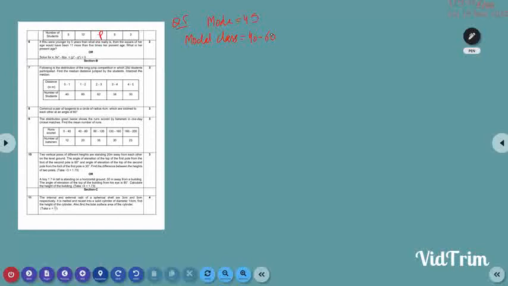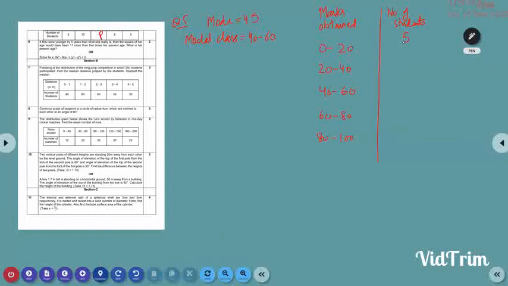H is the class size which is 20. Now what will be F1? F1 is the frequency of the modal class, which we have supposed to be P. So F1 is equal to P.